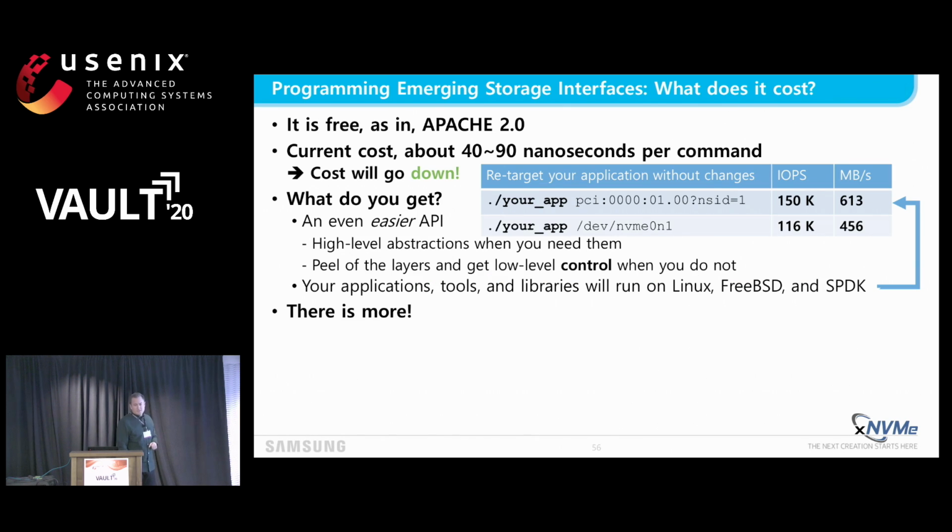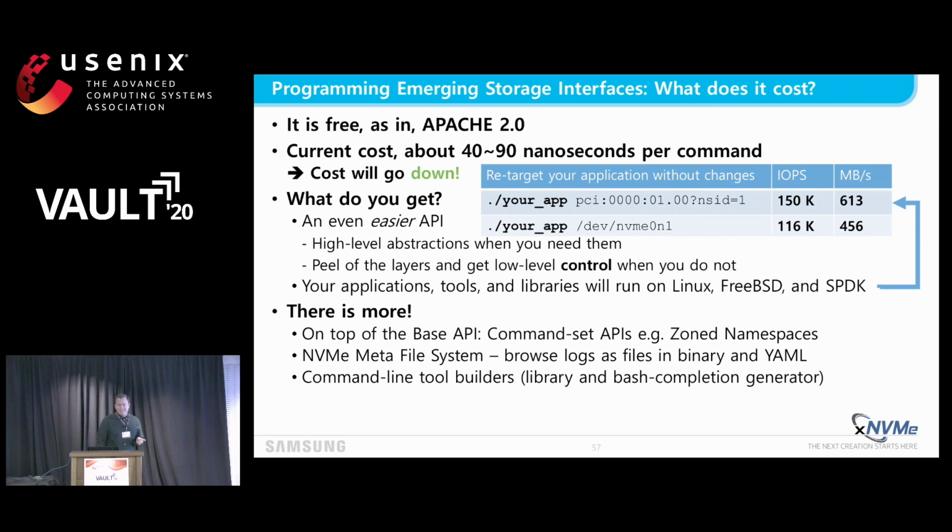And there's more. On top of that base API, there's of course a lot going on in NVMe with different command sets. For instance, as you heard about today, there are zoned namespaces. So building on the base layer, there's a zoned namespace interface on top that does some of the heavy lifting in sending commands in different ways and formulating commands.